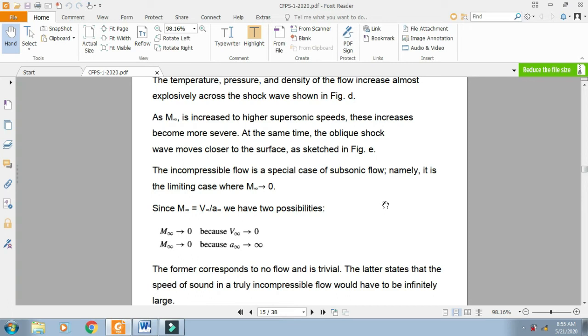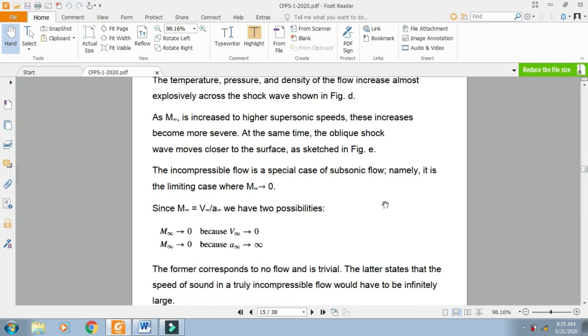M infinity is 0 when V infinity is 0. When the fluid is moving with very low velocity, or the particle within the fluid medium is moving with very low velocity, then M infinity is equal to 0. Another case is when A infinity is equal to infinity. M infinity can be 0 when A infinity is infinity.